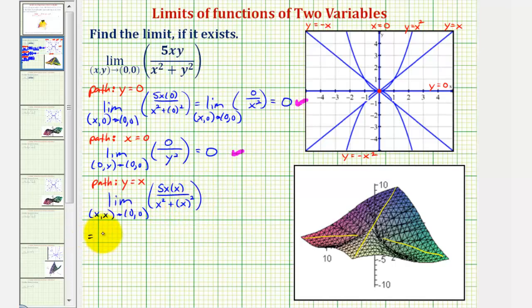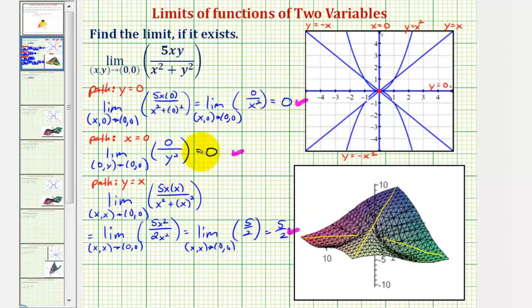So simplifying, we'd have 5x squared divided by 2x squared, but this does simplify to the constant 5 halves, giving us a limit of 5 halves. Notice how this value is not affected by x. So now we've shown along the path y equals x, the limit is not 0, the limit is 5 halves.